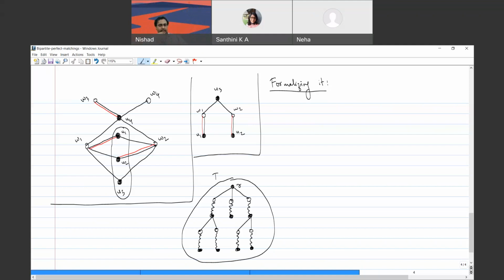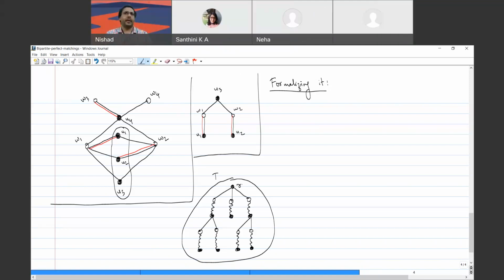So what are we doing at any step of the algorithm? I want to first focus on the general step, and then we'll think about termination, initialization, all those things. So at any step in the algorithm, what is it that we are trying to do?